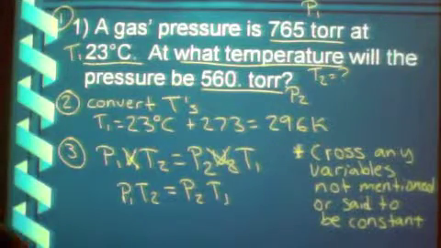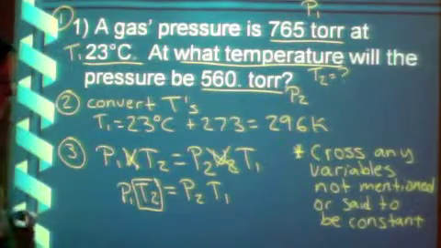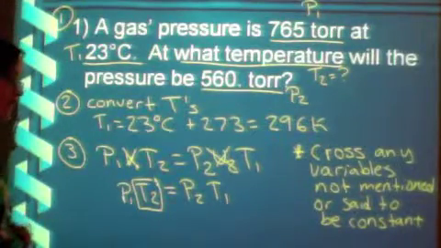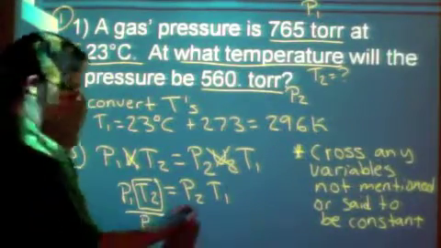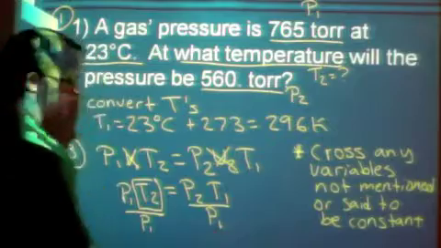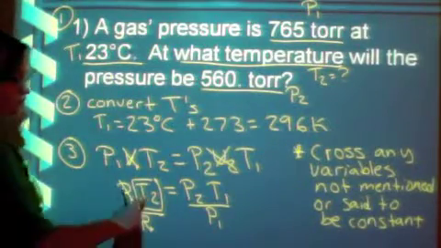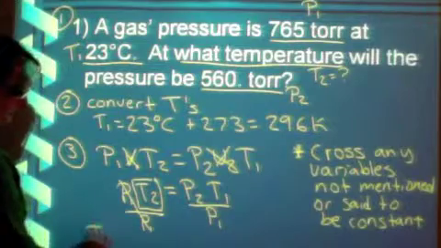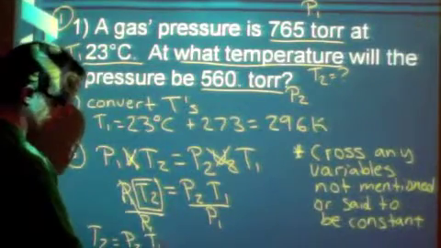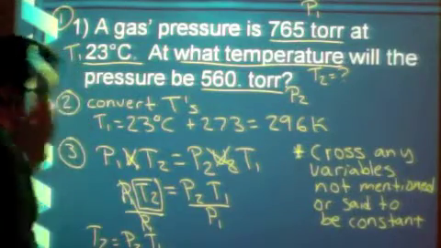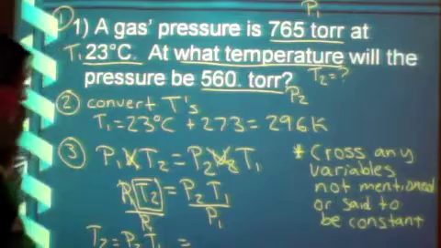So in this case, our unknown is T2. So to get T2 by itself, we need to divide both sides by P1. When we divide both sides by P1, those go away, and you get T2 equals P2 T1 over P1.